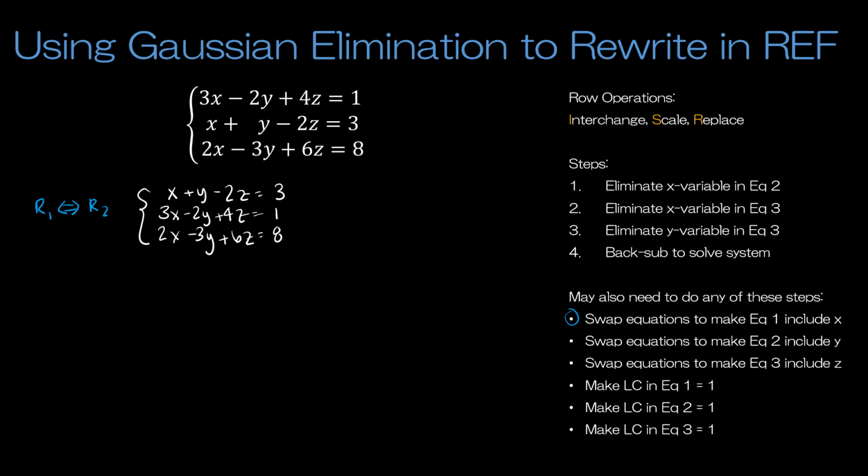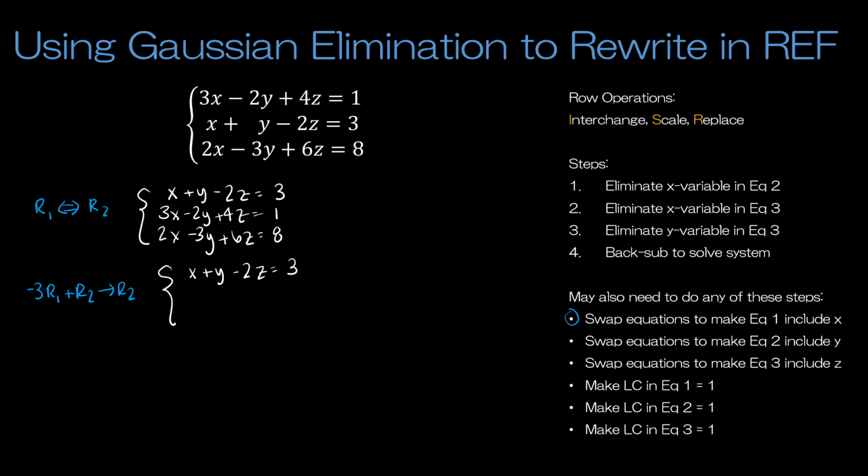Now I'm going to do step 1, which is to eliminate the x variable in equation 2. So again, I'm focusing on x and 3x, which means I'm going to need a -3 times my row 1 to add to row 2 to get my new row 2. So that means my first equation stays the same.